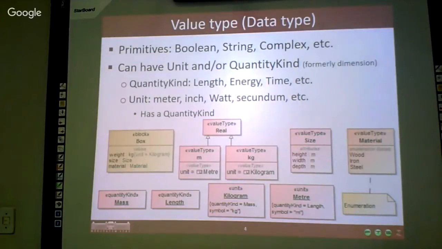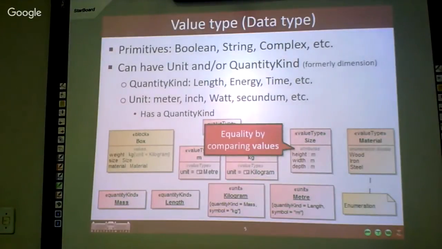You can define and do type checking in your system. And these value types work in the way that equality means that you compare the values. So similarly to the basic data types, these value types behave similarly.